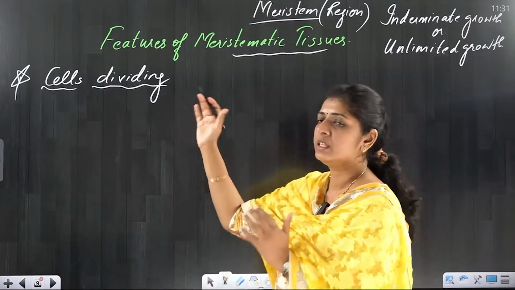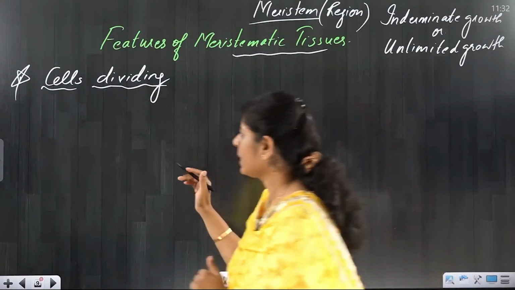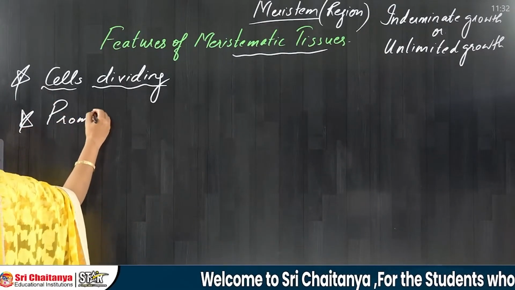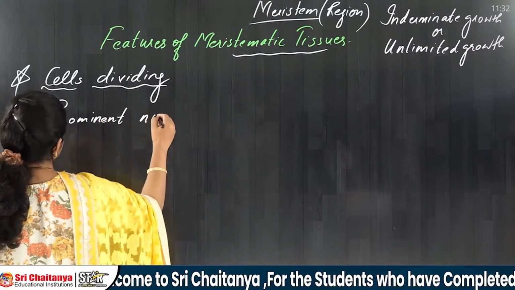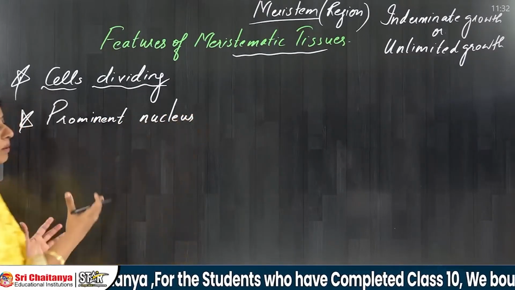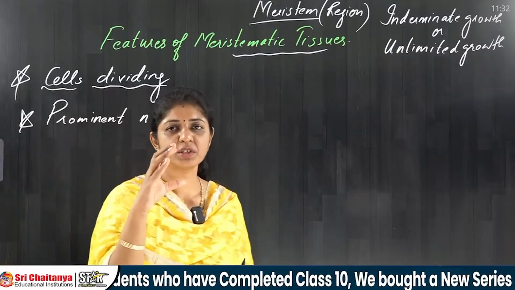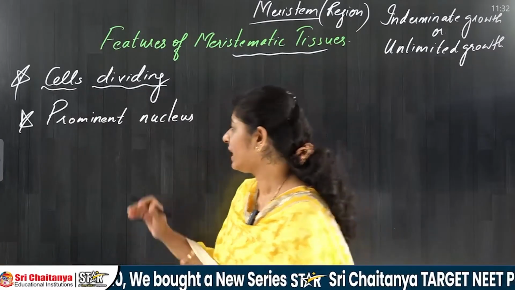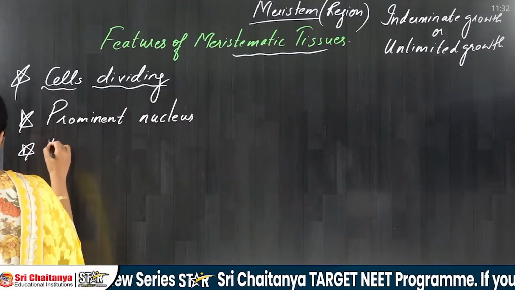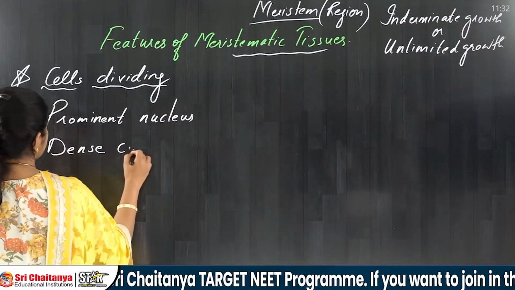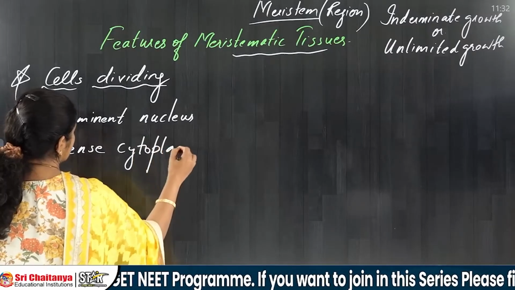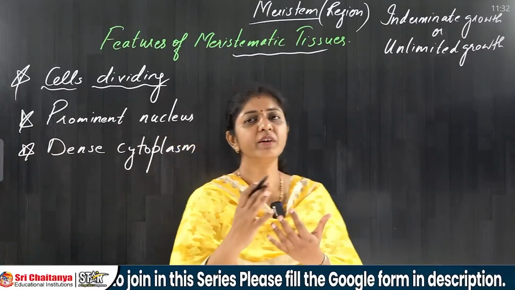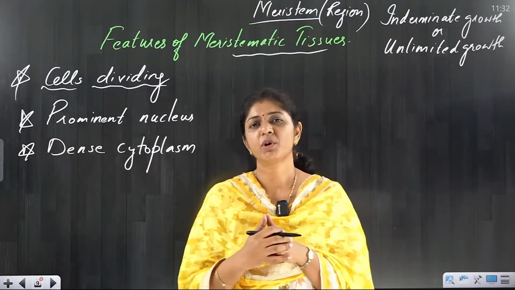Getting that? So what are the features of such meristematic cells present in this meristematic region? One, I told you that they are dividing cells, and when you see them, they have a prominent nucleus, right? The nucleus is going to be very clear, prominent. When you see, a very big nucleus is there which controls the function of this actively dividing cell, right? And it has dense cytoplasm. If you don't know what a nucleus or cytoplasm is, then just wait for our session where we will discuss cells.